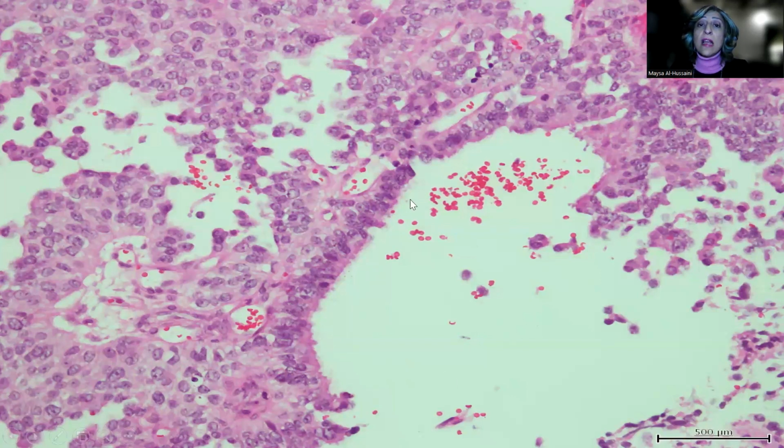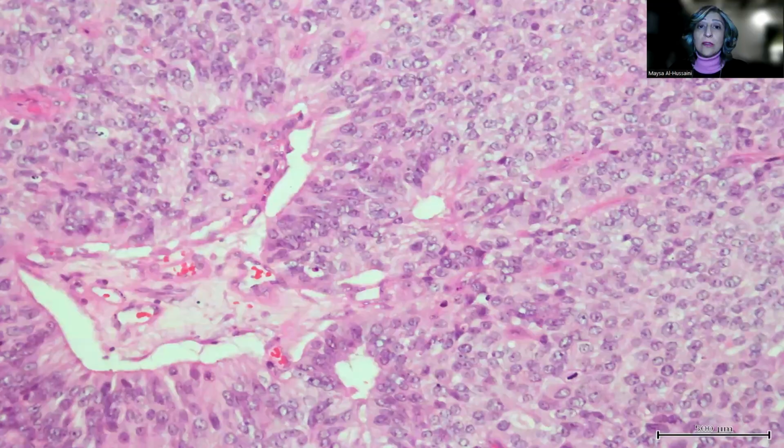Now, there are areas which might resemble ependymoma canals. This would not really exclude the diagnosis of papillary tumor of the pineal region, nor would it render a confident diagnosis of ependymoma.